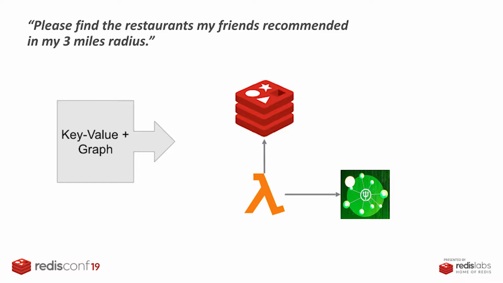Whenever a new restaurant comes in, you need to synchronize between the two, and whenever a new recommendation comes in, you need to update this one. And when you want to find all the restaurants that your friends recommended within the 3 mile radius, you need to query the graph, take the results, go back to Redis, find which ones are within the 3 mile radius, and return the result.